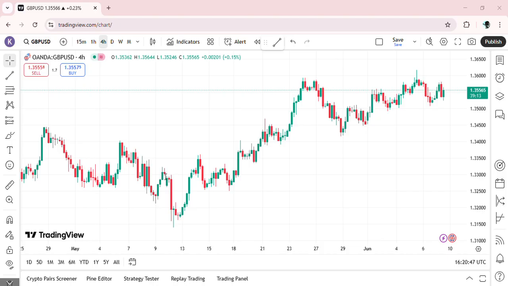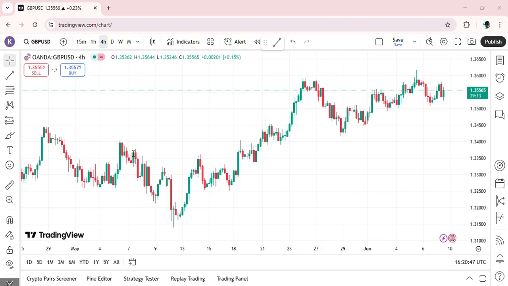The first one is identify the market trend, but that is not the first one. So I should have the first one as: define your time frame. That is after you have made your choice.